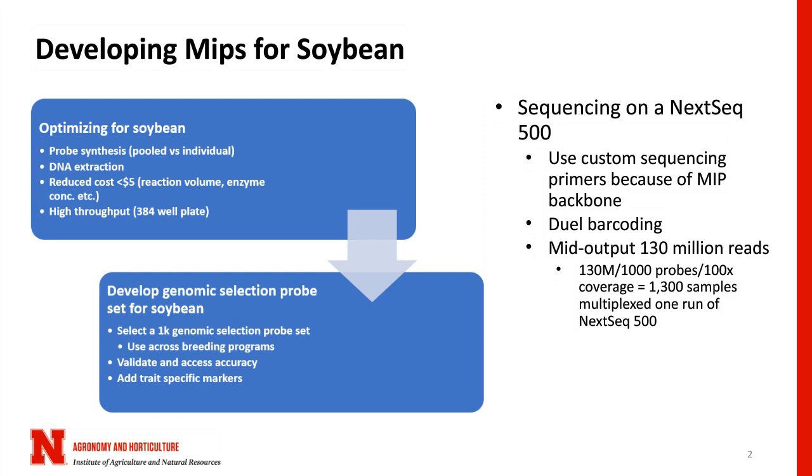Our sequencing is on a NextSeq 500. We're using custom primers because, with the MIP backbone, we needed custom sequencing primers. We do dual barcoding because we use a mid-output kit, and that allows us to multiplex about 1,300 samples. That is probably the biggest downside of this technology for us: it requires us to get runs of 1,300 samples.